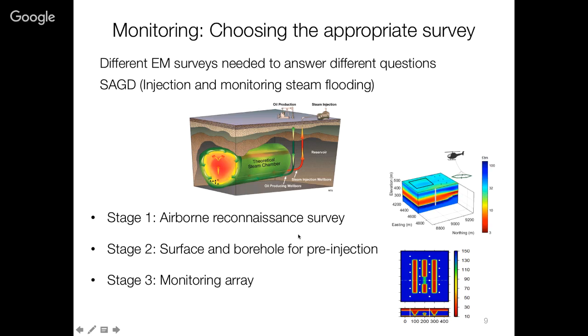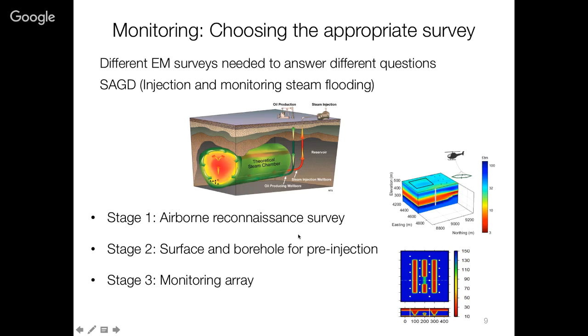So here's an example. It has to do with SAGD, but really it's any kind of injection of steam someplace or anything like that. And the idea is that in these experiments, we've got a bitumen layer inside the Earth, and you drill a horizontal well through there, and you inject steam through this well.